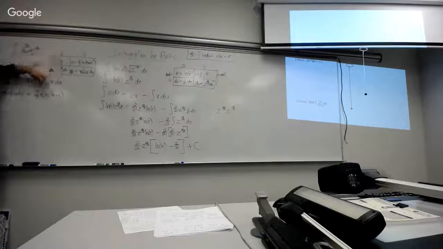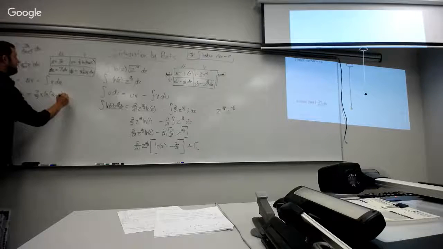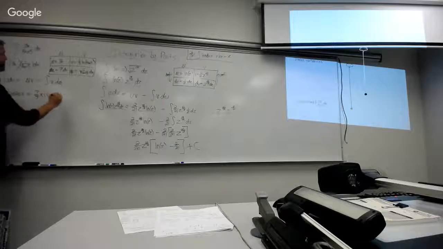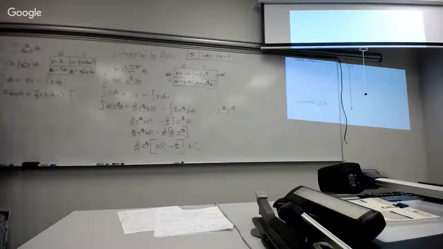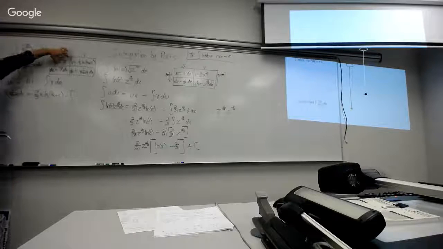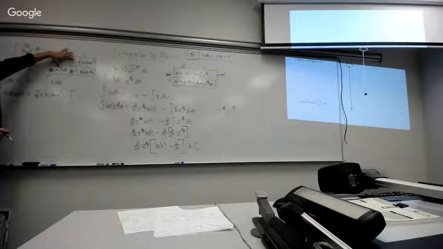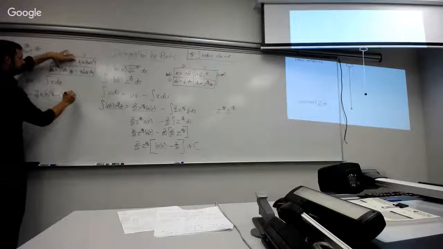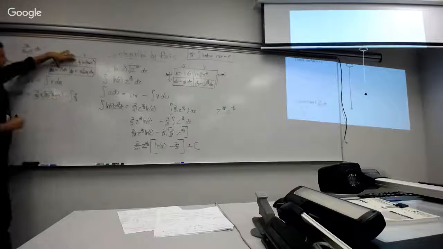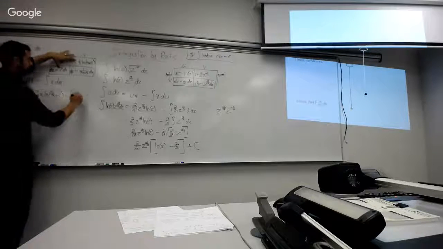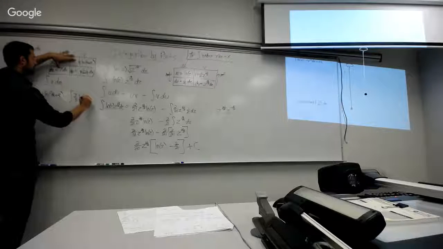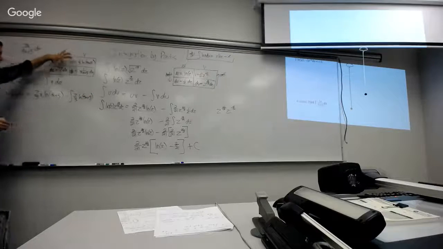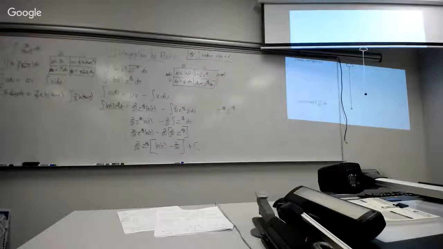And then I put the x in front of the natural log of 3x plus 5. And then we're going to subtract the integral of v du. Well, v du, we have 7 times 1/3, so that's 7/3. And then it's the natural log of 3x plus 5. Yeah, dx.